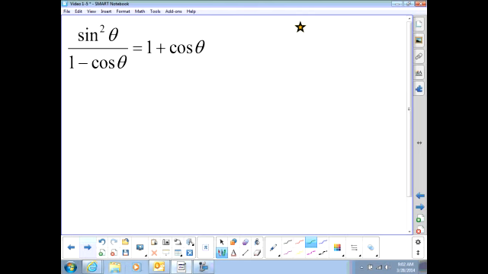Next one, we've got a sine squared theta over 1 minus cos theta. The fact that we have a 1 minus cos theta and that we want to end with a 1 plus cos theta leads you to think we might have to adjust and replace sine squared theta.